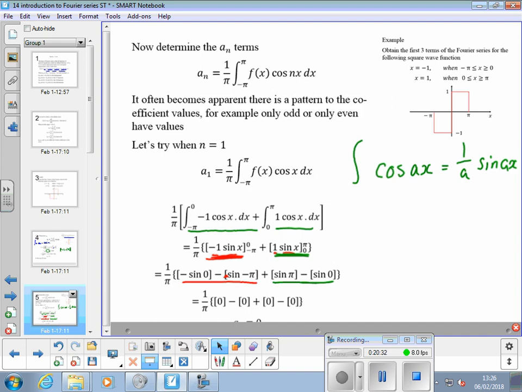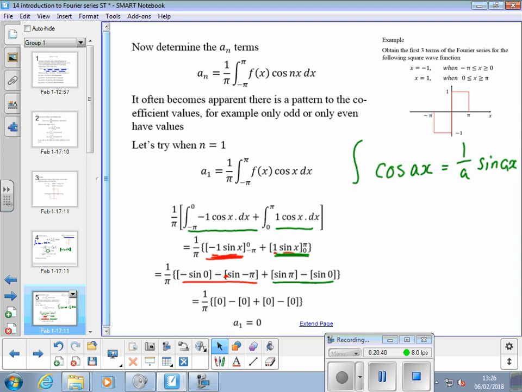Okay? So I've made a statement there, A1 equals nothing. So there is no first cosine term. There's a lot of writing for nothing, but you kind of got to prove it.